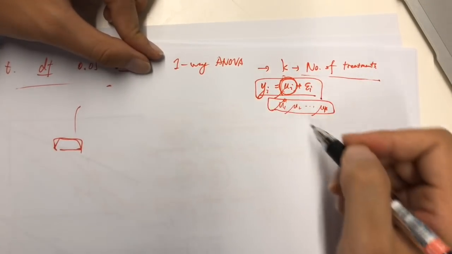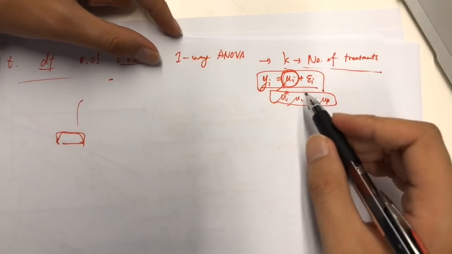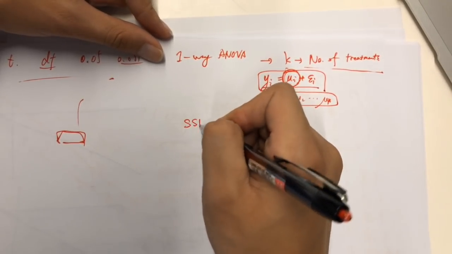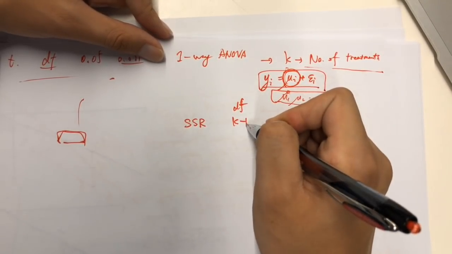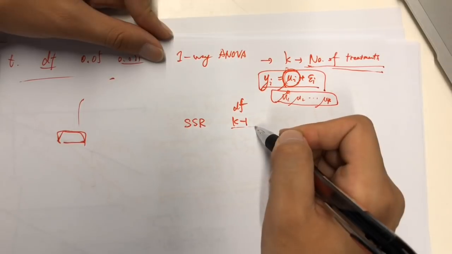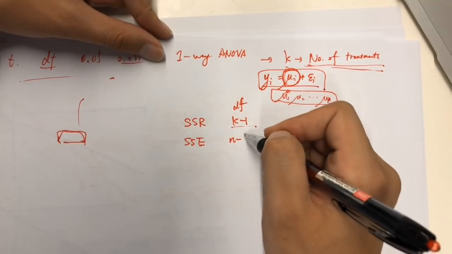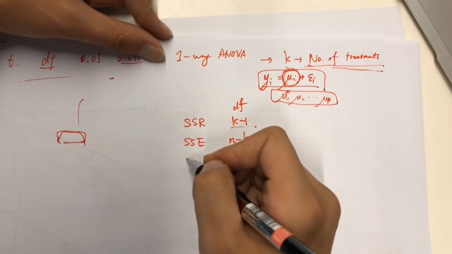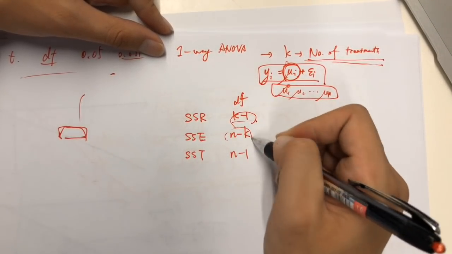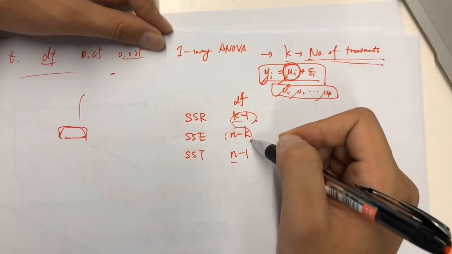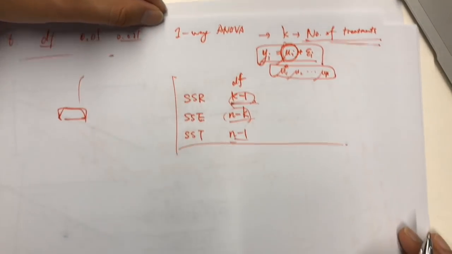So there are K estimations in total when you want to estimate a one-way ANOVA model. So the SSR's degrees of freedom will thus become K minus 1, okay? It's the number of treatments minus 1. And SSE is N minus K, okay? And for SST, it's N minus 1. So you can see K minus 1 plus N minus K equals N minus 1. So this is the one-way ANOVA model, okay? The degrees of freedom are like this.